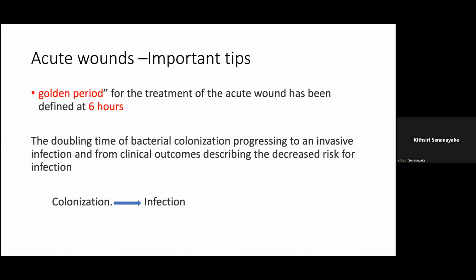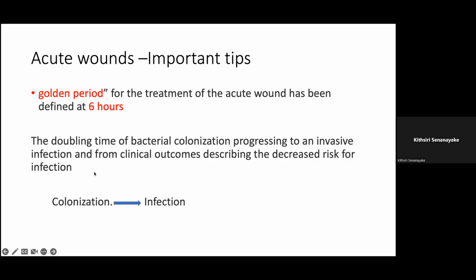I will talk a bit about acute wounds because the chronic wounds that come to you initially presented as acute wounds. So managing an acute wound properly is to prevent healthcare expenditure.